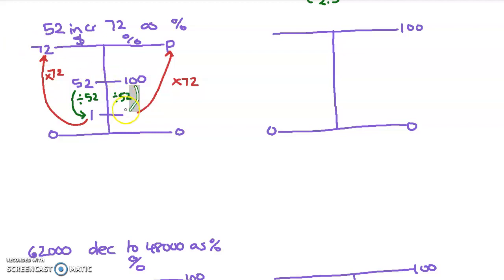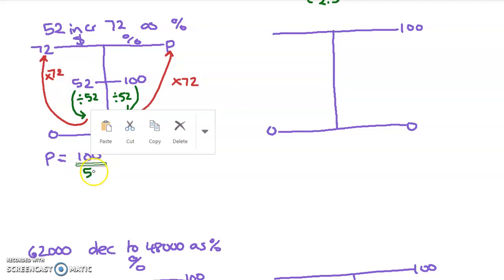I need to put the arrow on that one. And that will tell me that my percentage equals, let's follow those arrows backwards, 100. What did I do to it? Divided it by 52, and then I multiplied by 72.